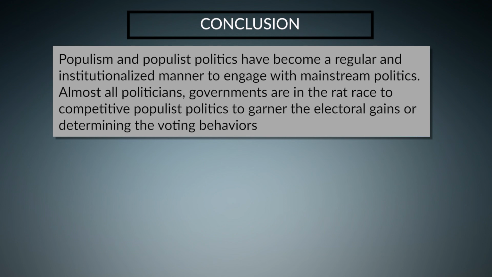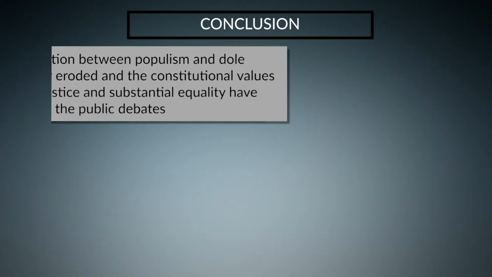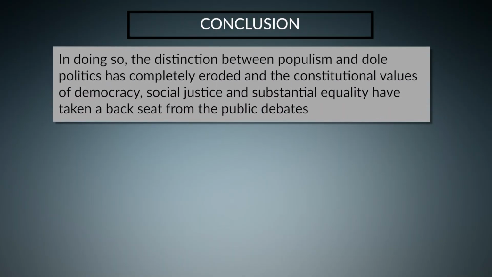Almost all politicians and governments are in a rat race of competitive politics to garner electoral gains, which also influences voting behavior. In doing this, we see a distinction between populist politics and dole politics, and dole politics has almost completely eroded the constitutional values of democracy, social justice and substantial equality, which have taken a back seat.